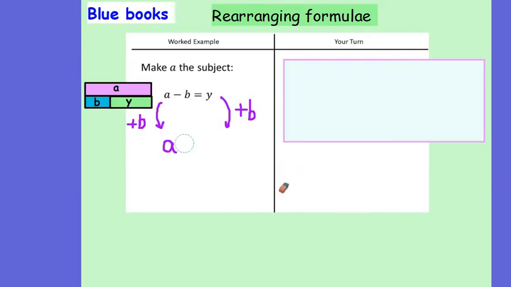Adding B to both sides of my equation gets rid of this subtract B, because now I've got A take away B plus B equals Y plus B. Take away B plus B goes away, so I get A is equal to Y plus B. A is the subject because it's on its own on one side of the equal sign.